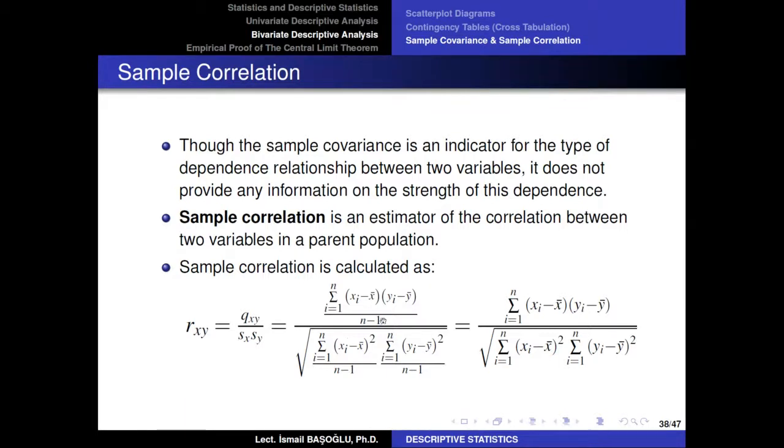Because we have n-1 in both the numerator and the denominator, they cancel out. So there is an easier way of calculating the sample correlation, which is the sum of the product of two deviations divided by the square root of the sum of squared deviations for the first variable times the sum of squared deviations for the second variable. Whichever you use.